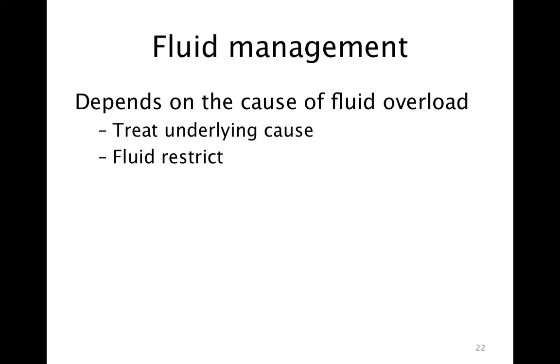If the patient is fluid overloaded due to congestive cardiac failure or chronic renal failure or associated with hyponatremia, then we can restrict their oral intake to less than 2 liters a day.